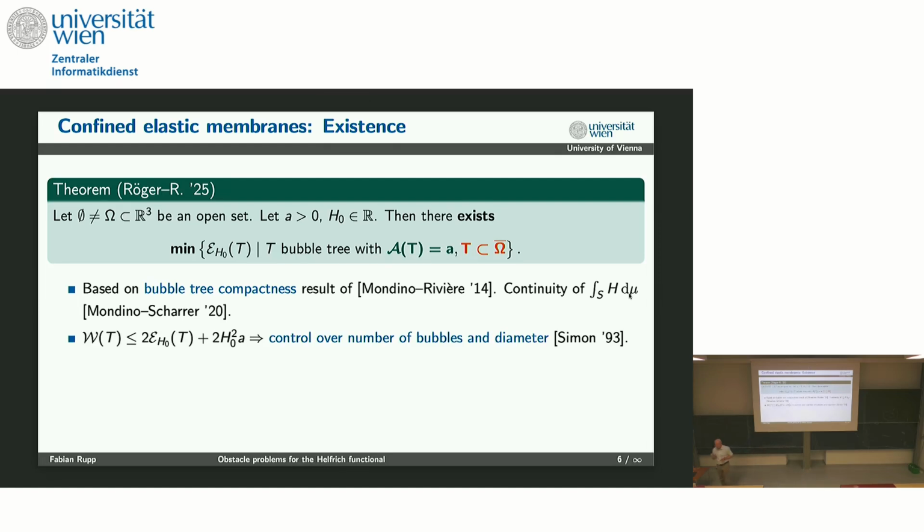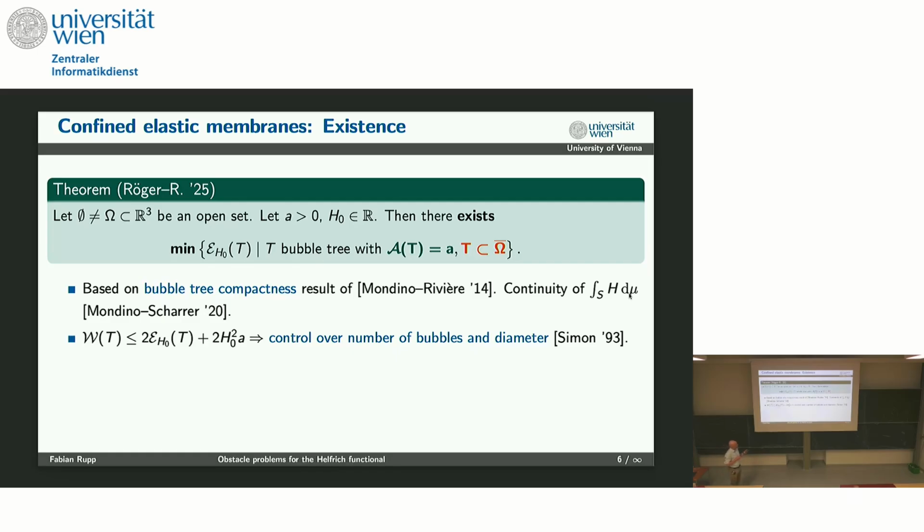To apply this compactness result, we need to bound the Willmore energy along a minimizing sequence, but this is very easy by just estimating the square, essentially. Adding and subtracting the H0 term, you get that the Willmore energy is bounded by the area and the energy itself.